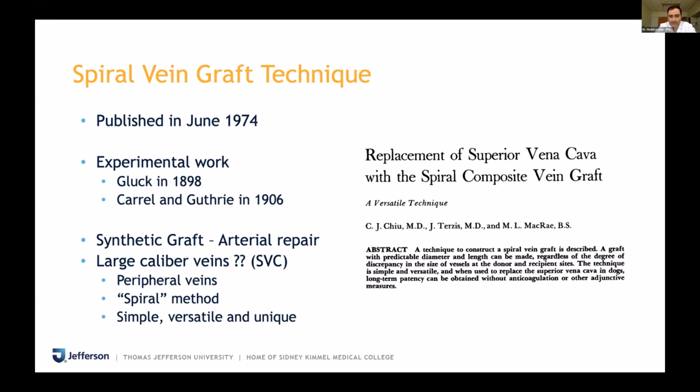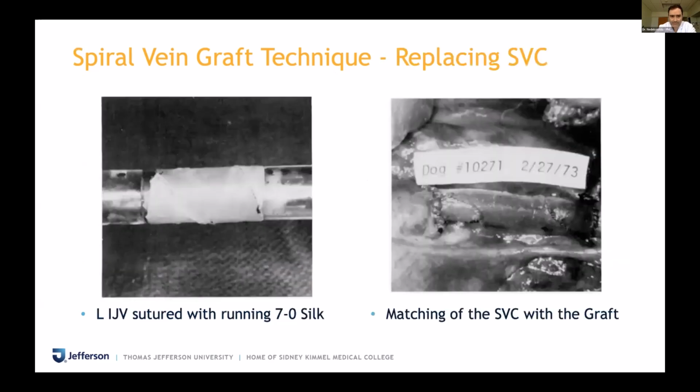But it was noted that peripheral veins can be sacrificed. They are long, and maybe this spiral method can be simple, versatile and unique, according to Chu, who put this paper together.